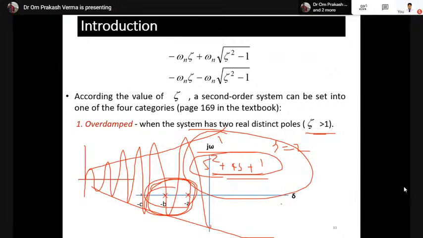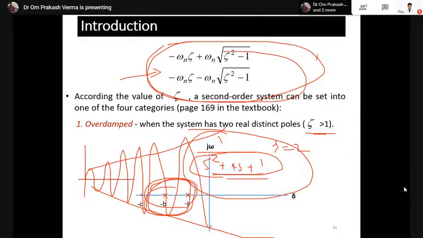So I think you understand these things: what is the condition for underdamped, undamped, critically damped, and overdamped, with the help of this. Now you can also understand with this root locus, when you put the values of zeta and omega as per your convenience.